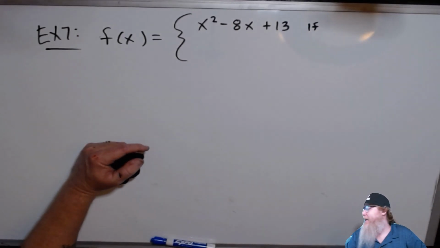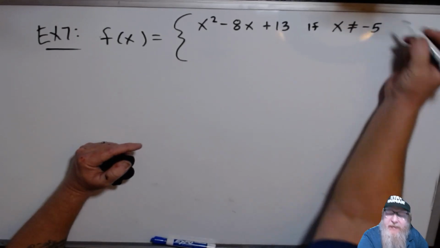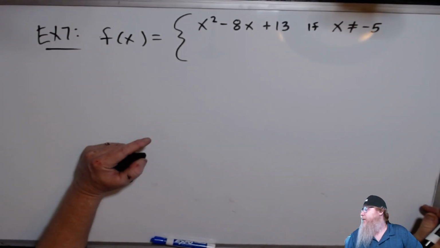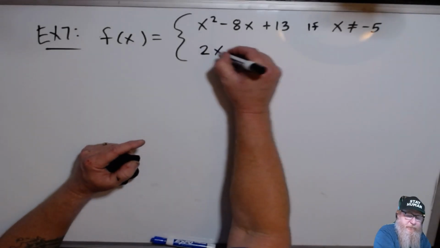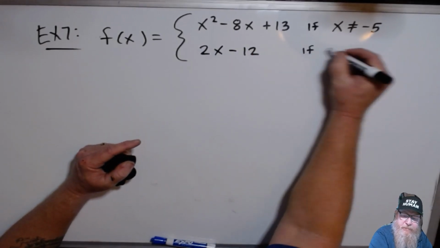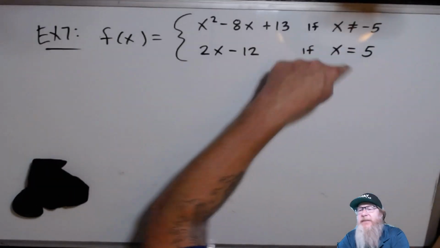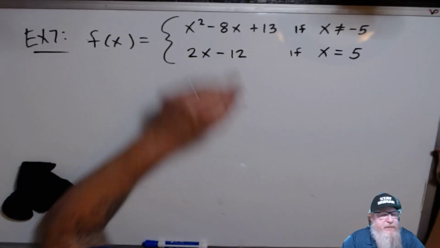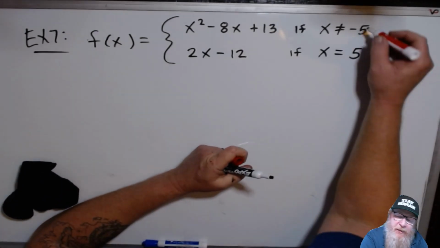My favorite way to say it is if. That's sort of the nice mathematical way to say it. So here's another way to define a piecewise function. Instead of using inequalities, you're using equal to or not equal to.